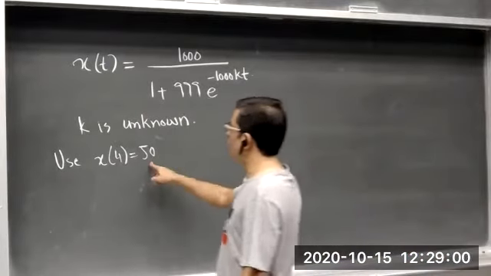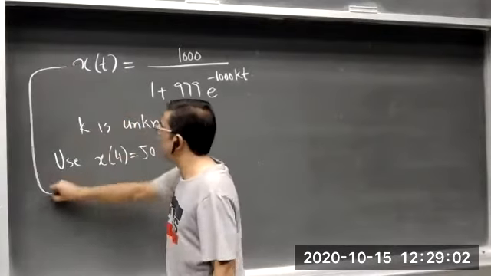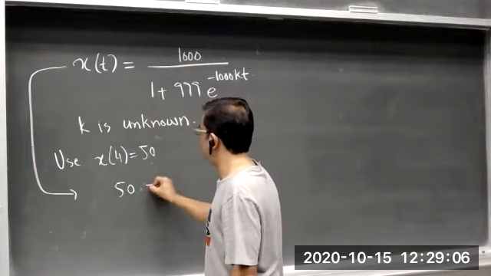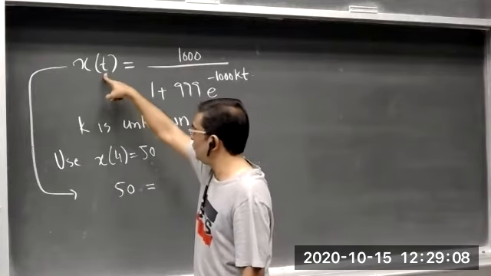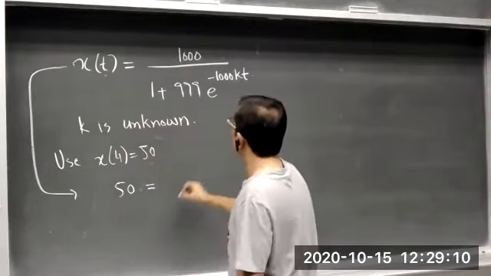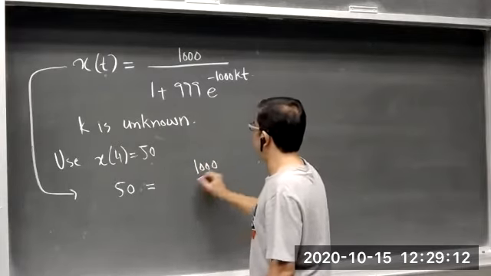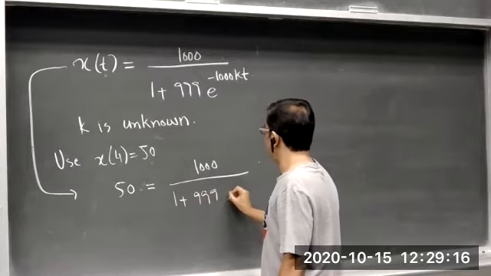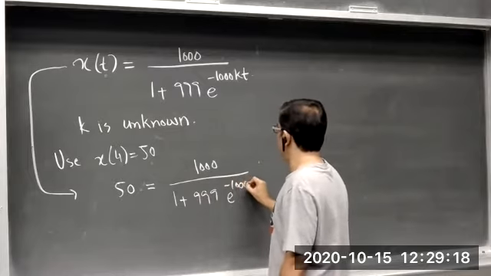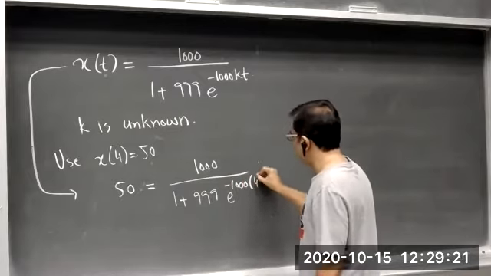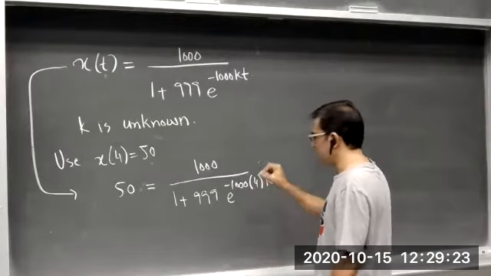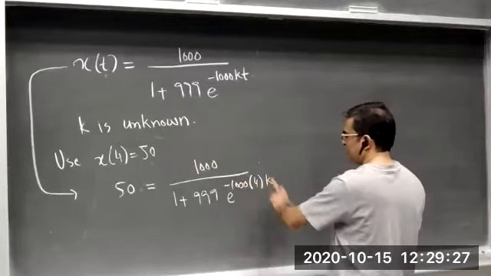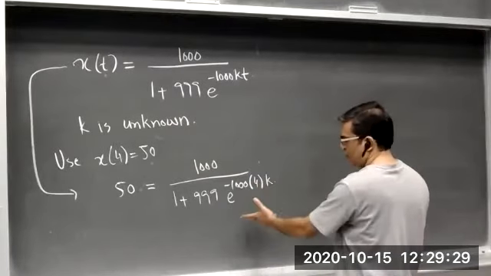Using this in the solution, we take t equal to 4 and insert it in e raised to the power minus 1000 t k. Now, in this equation, the only unknown is k, which we can solve.